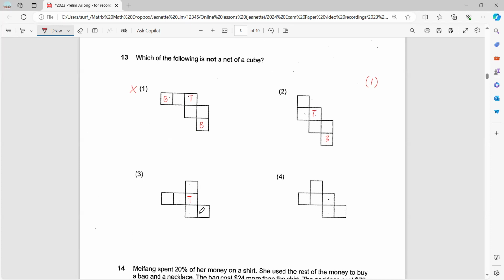These will wrap around, and this will be the bottom. Then for this, if this is the top, and these 3 are the sides, and this is also the side, it will connect here, and this is the bottom. So the rest are fine except for option 1, which is not the net of a cube.